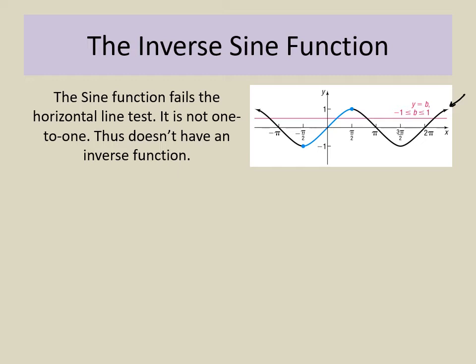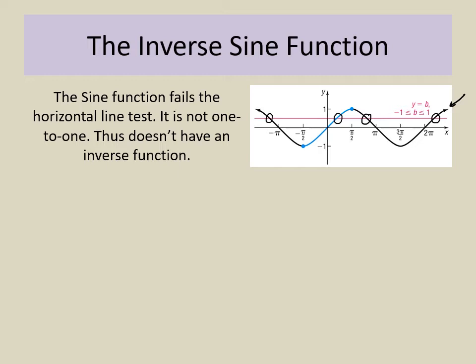Look, if I draw any horizontal line, it's going to intersect the function at an infinite number of points. It's a periodic function, so it keeps repeating itself. It's definitely not a one-to-one function, which means that the sine function, the way it is, does not have an inverse function. So what can we do?